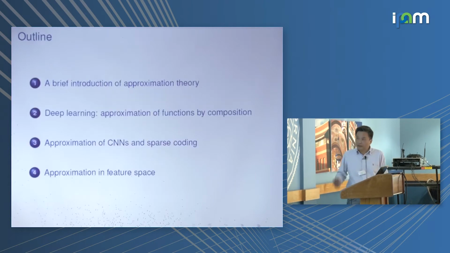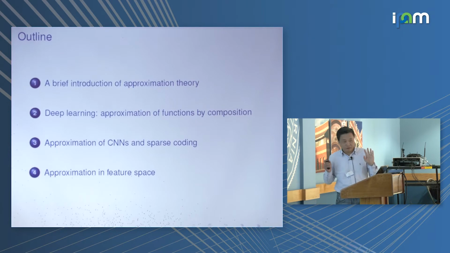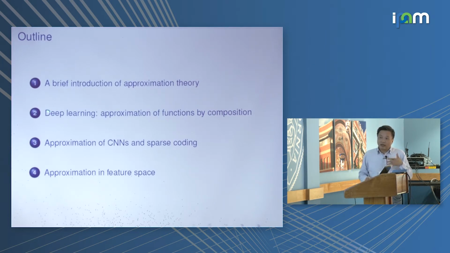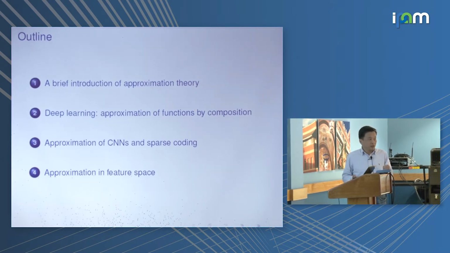Okay, let's look at the outline. I will briefly introduce approximation. I know many of you already know, but I try to see how I look at approximation in the view of the composition of functions. And then how do we view deep learning as a composition of functions to approximate another function.